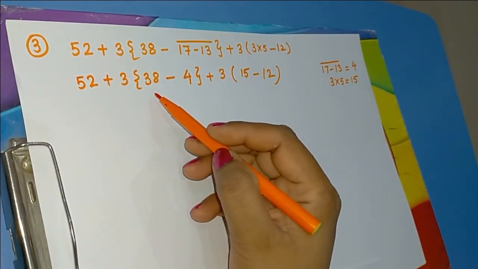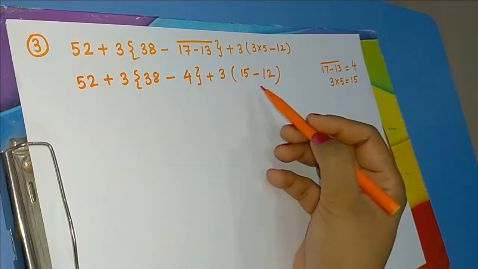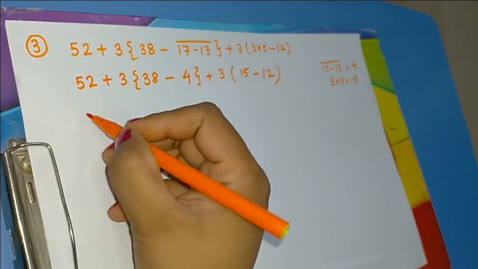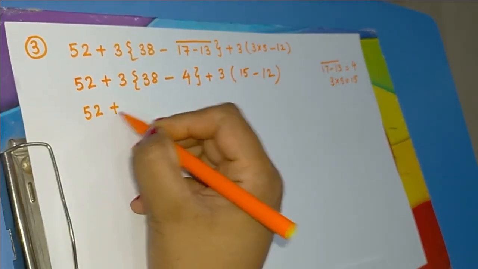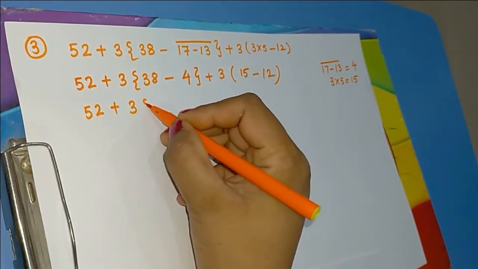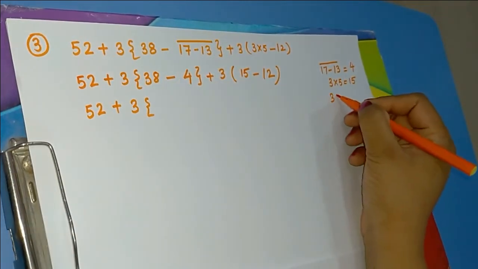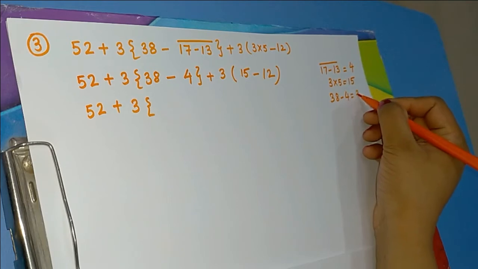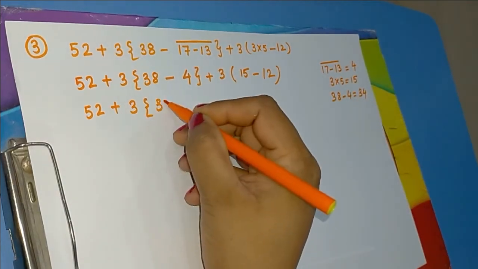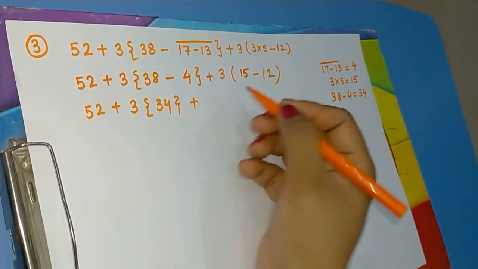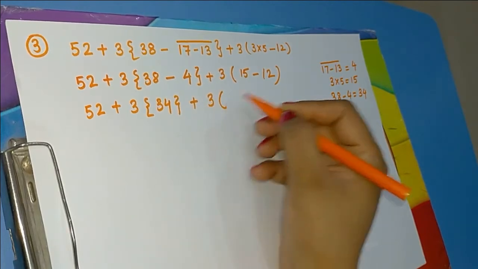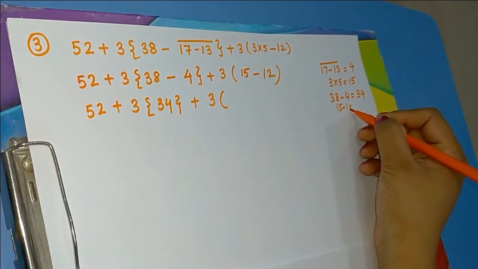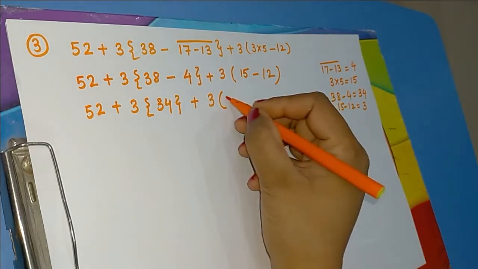Now in the next step we need to solve 38 minus 4 and 15 minus 12. So here 52 plus 3, here 38 minus 4, that is 34, plus 3, 15 minus 12, that is 3.